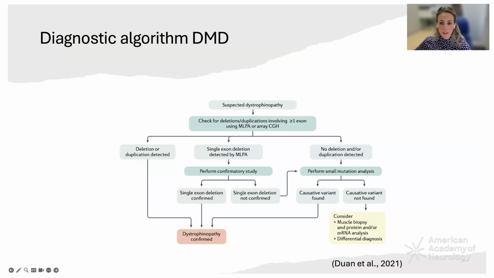However, if a causative variant is not identified, which occurs in about 25% of patients, small variant analysis should be used, so gene sequencing. And then boys without an identified causative variant, but still a high clinical suspicion, should undergo a muscle biopsy to detect absent or reduced dystrophin protein or mRNA analysis.